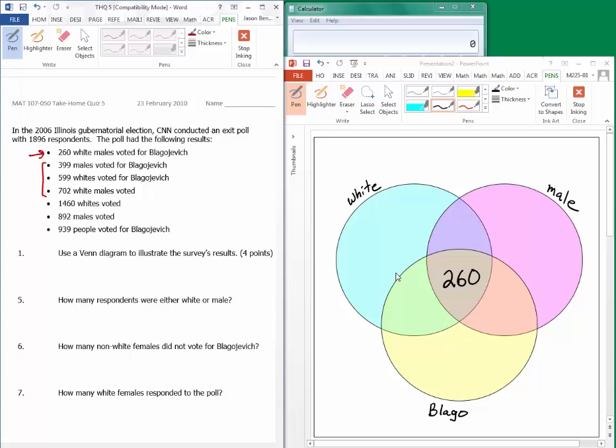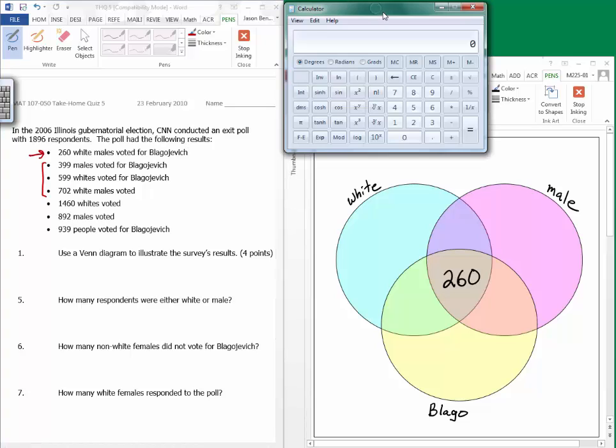But I already have 260 of those voters. So I need to subtract 260 from each of those numbers. So 702 minus 260, 442, that's the white male's number. So white and male right here.